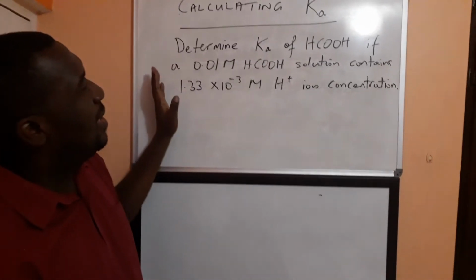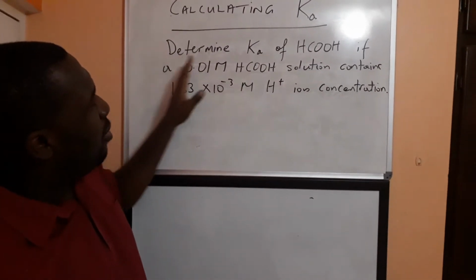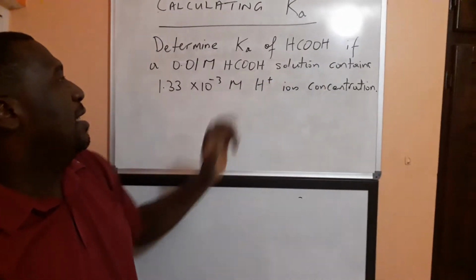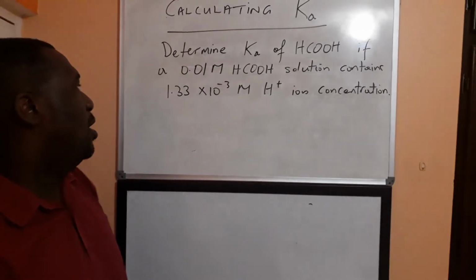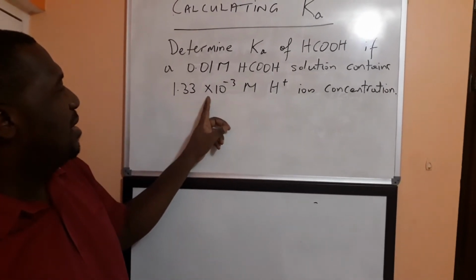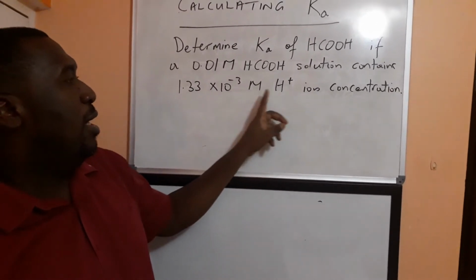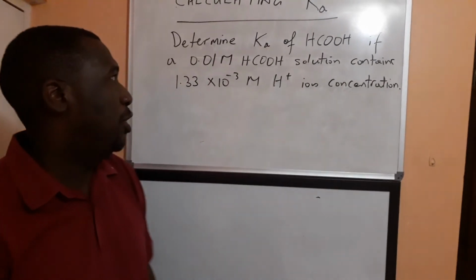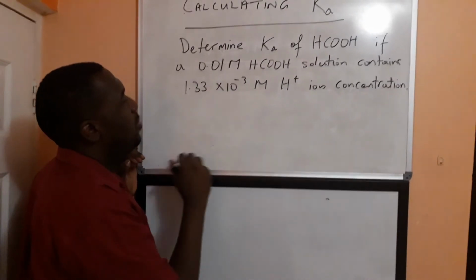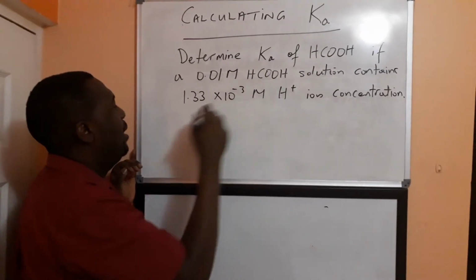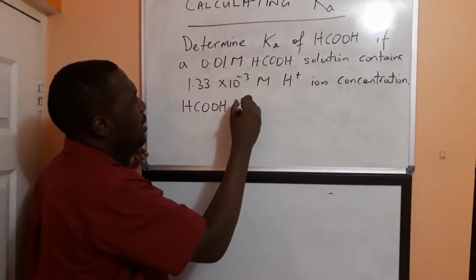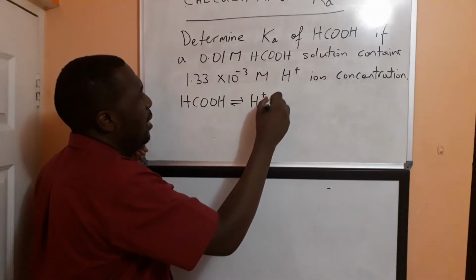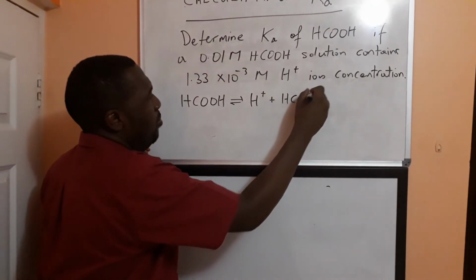Now this example says that I am to determine the Ka of methanoic acid if a 0.01 molar methanoic acid solution contains 1.33 times 10 to the minus 3 molar H plus ion concentration. Now we can write the equation for dissociation of methanoic acid as HCOOH dissociating to give H plus and HCOO minus.